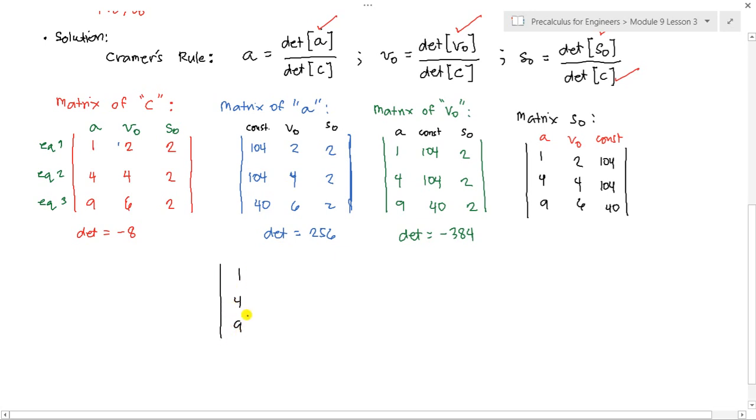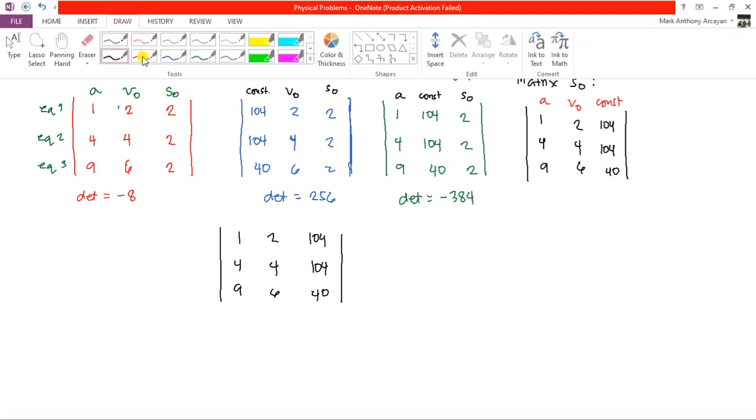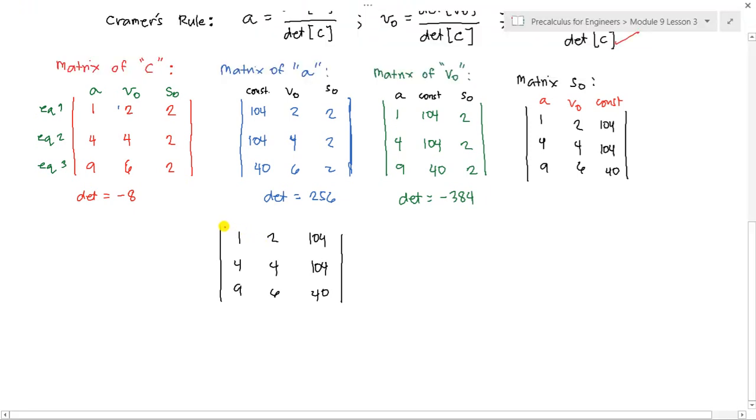We have 149. Then we have 246. We have 104, 104, and 40. So let's start. From top left to bottom right, 1, 4, 40.